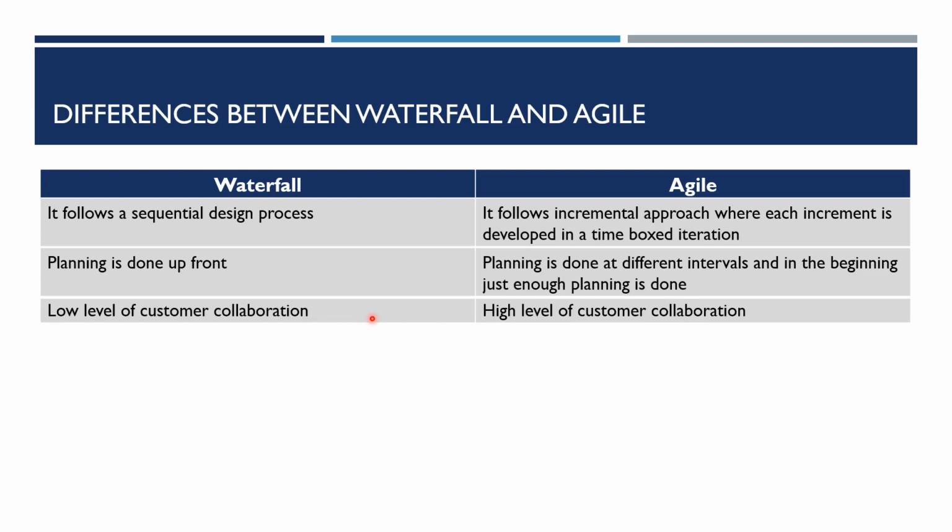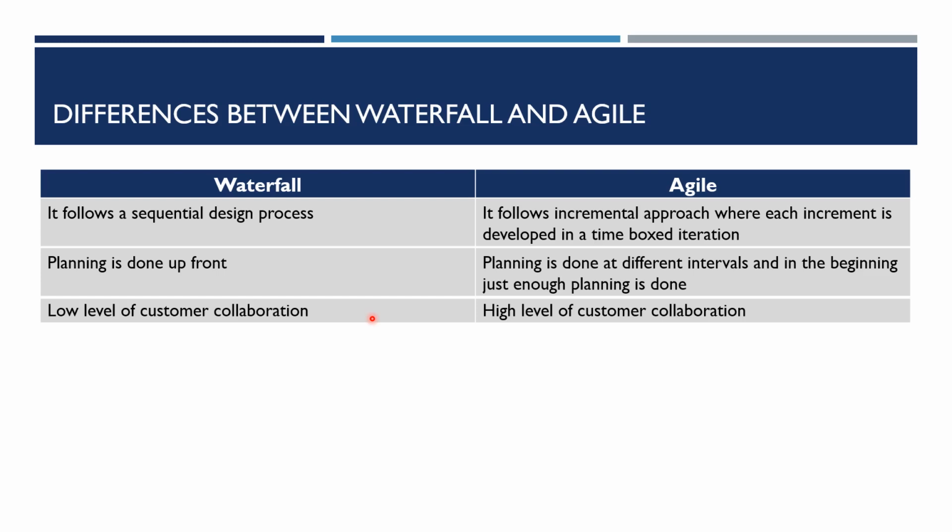Low level of customer collaboration in waterfall. The customer really doesn't have a lot of collaboration here. In the beginning, when the requirements are gathered, they are there to review and approve the requirements. After that, design is done for a month or two. It is delivered to the customer. They just review and sign off.